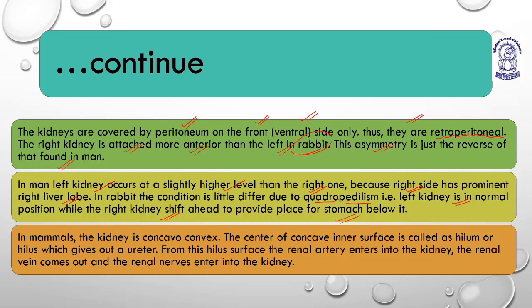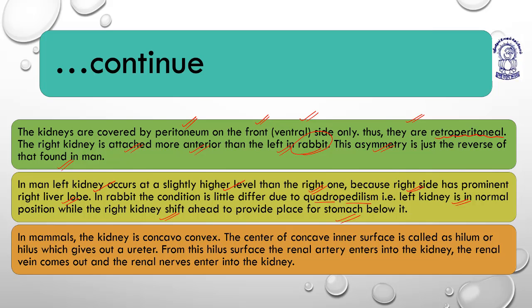So please remember these differentiation points. First, the kidney is retroperitoneal because it is covered by peritoneum only on the ventral side. The right kidney is attached more anteriorly than the left in rabbit, while in man the left kidney is attached more anteriorly.